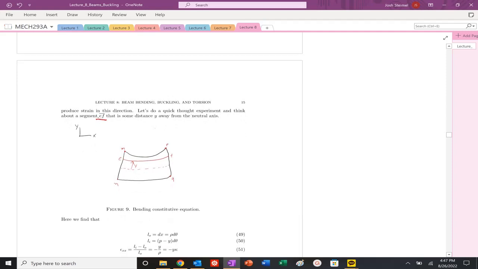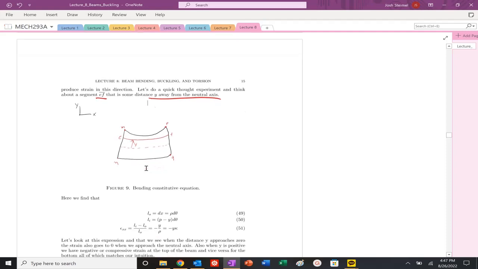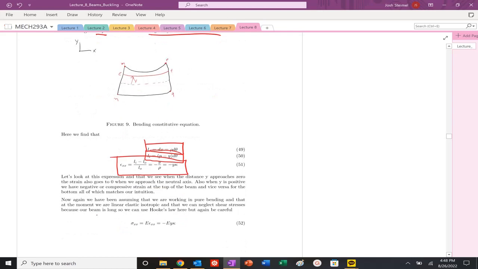We could also start to develop a constitutive relationship. If we do a quick thought experiment and look at some initial length dx, and then after some displacement, I can develop an expression for strain. And I see here that the strain is a function of the distance y and curvature. That should make sense.